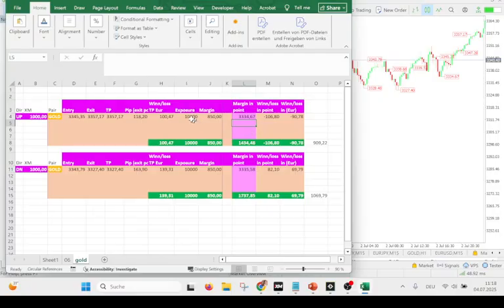Okay, so entering a 0.1 lot or 10,000 exposure, entering here, at this point you would have a loss of 106 points or 90.78 euros.